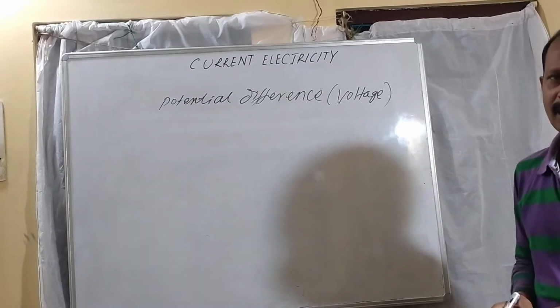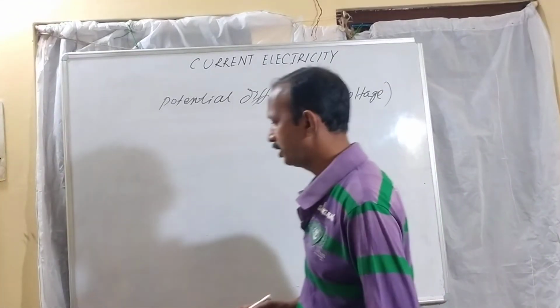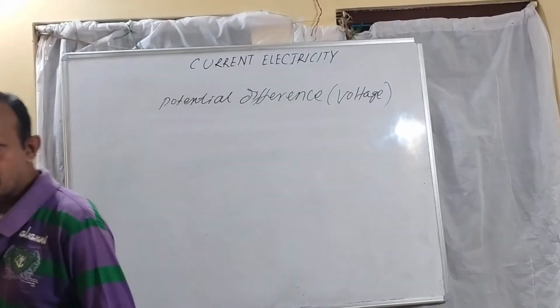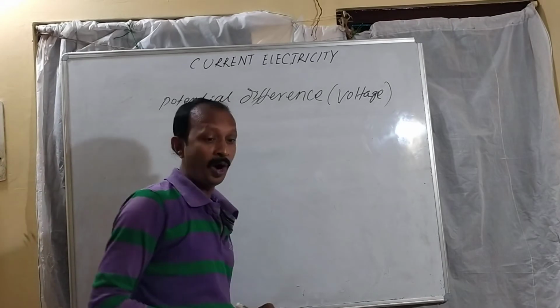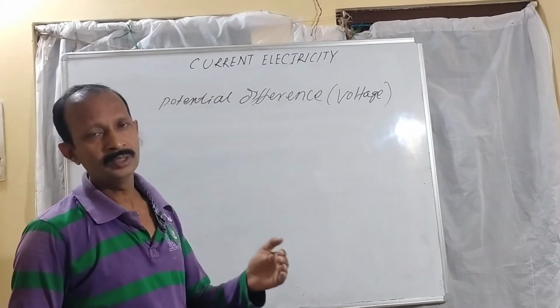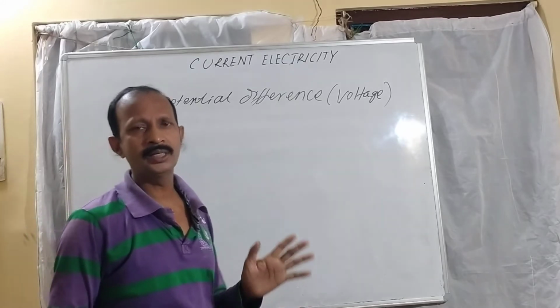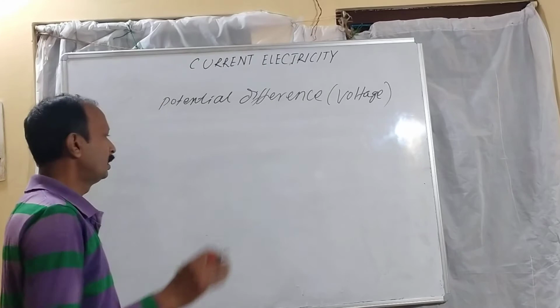In our day-to-day life, we prefer to say voltage in comparison with potential difference. So now I am going to explain what is that electric potential difference. Up to now you learned what is electric potential. Now we will see the potential difference. See here.